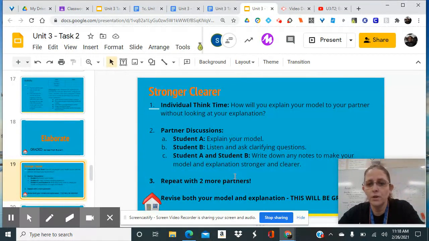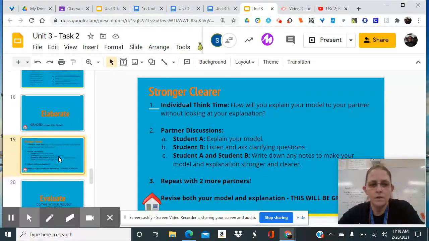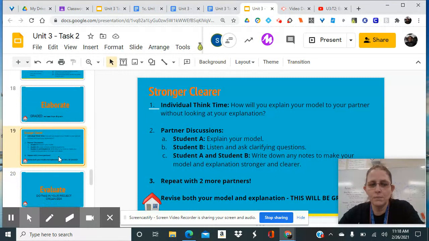So I wanted you to write down any notes. So maybe someone had a point that you're like, oh, that makes sense. Add that to your example, add that to your explanation. Okay. So that's basically all we did with the explain and elaborate.